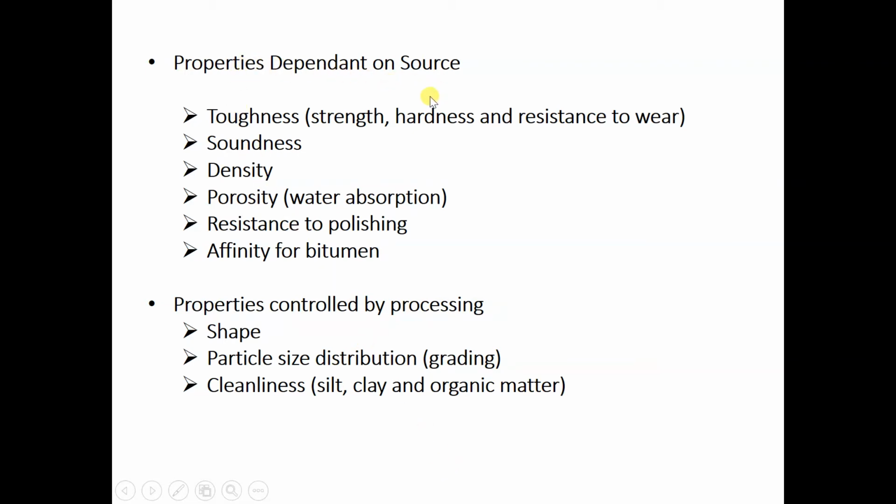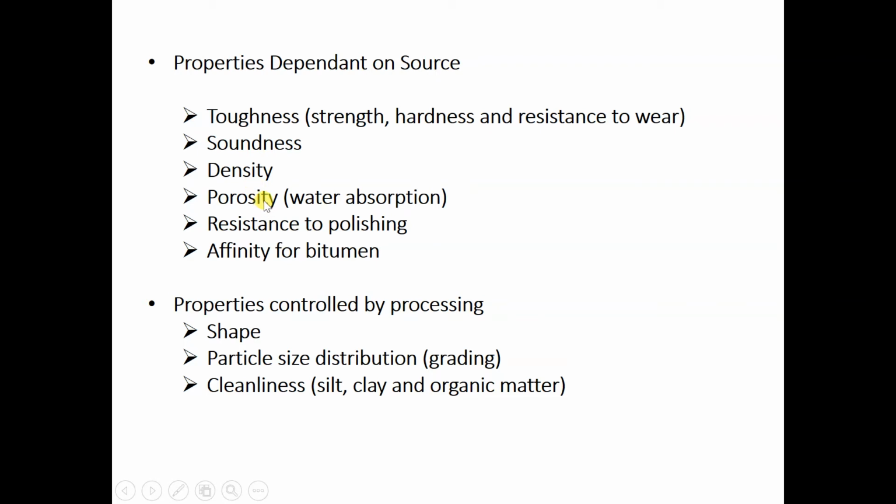Properties dependent on source: that will be the toughness of the aggregate, so the strength, hardness, resistance to wear, and soundness, which measures whether the aggregate is still sound and not badly weathered. Density, whether it is light or heavy.